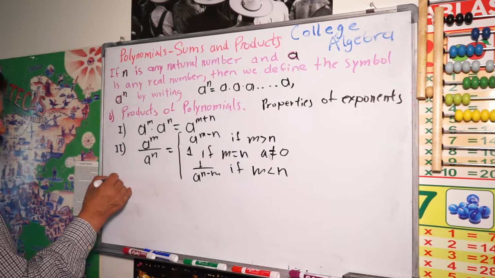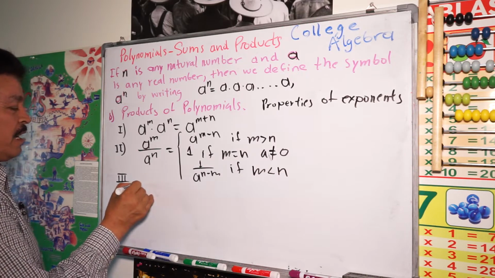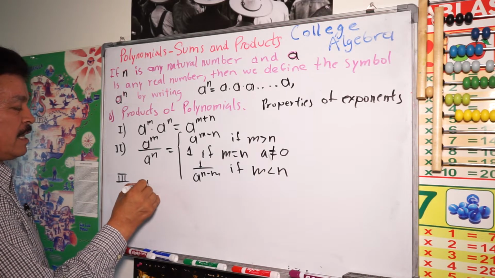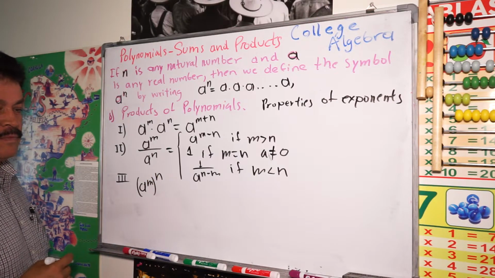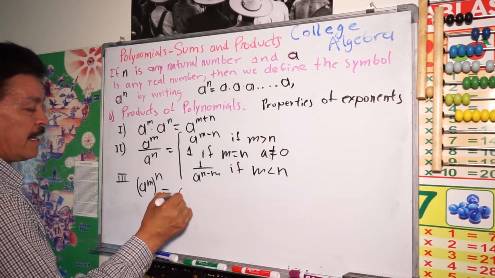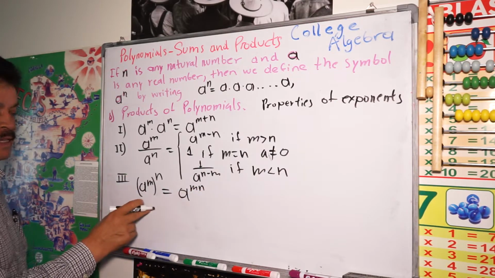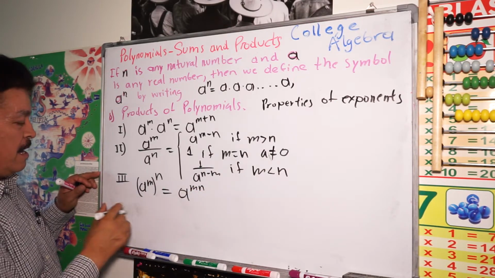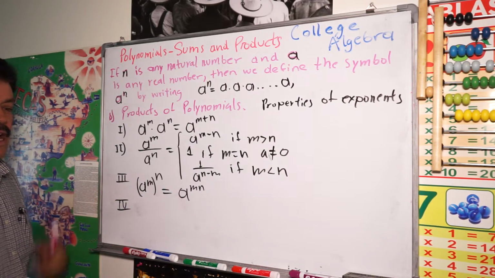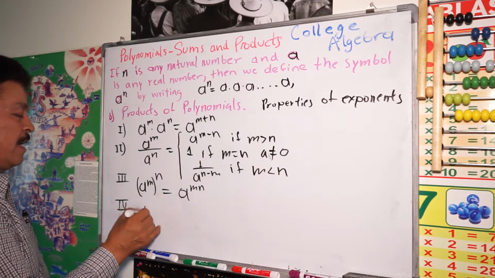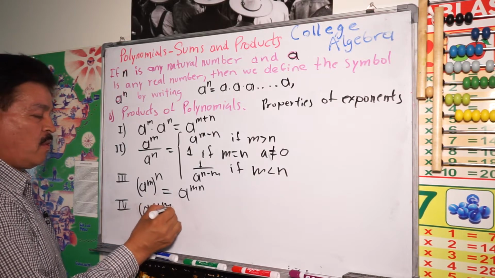Another property, number 3, when you have powers of powers, like this, it is equals a to the m times n. So the exponents multiply. Number 4, rule number 4, you have a times b to the m power.